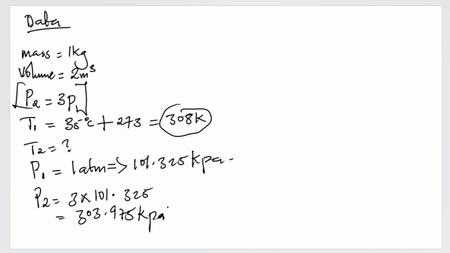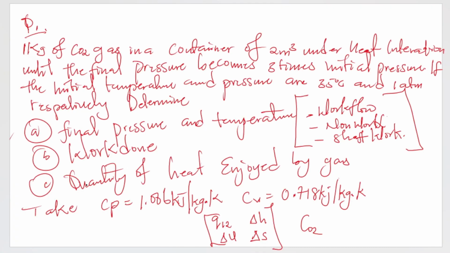Always add your unit to your given parameters. It's very necessary. Now remember, from this question we're also given that the Cp is equal to 1.006 kilojoules per kilogram Kelvin. So we are given pressure constant and we are also given volume constant. You can still put them down in your data.